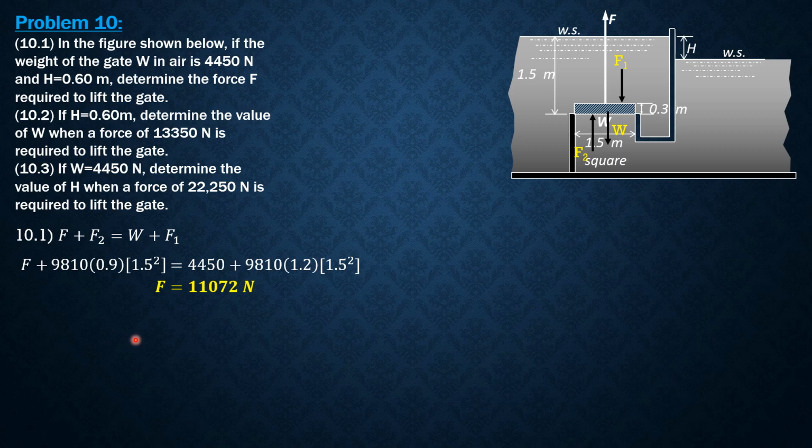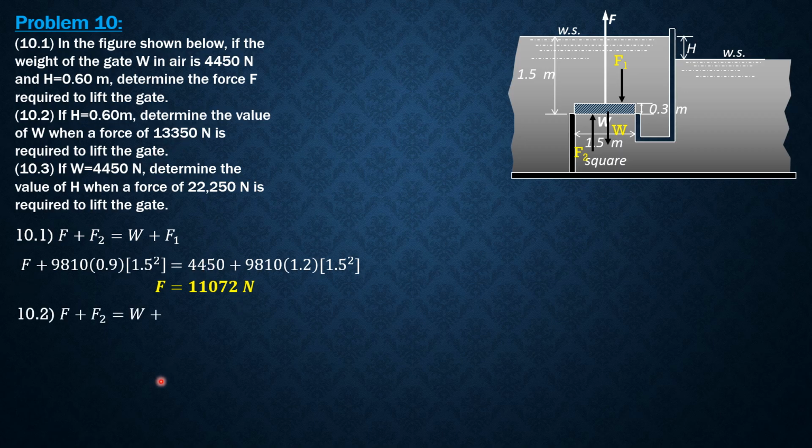For the second question, if H is 0.6, determine the value of W when a force of 13,350 is required to lift the gate. Everything is the same because H is 0.6, except that we replace F by 13,350 and W here is unknown.